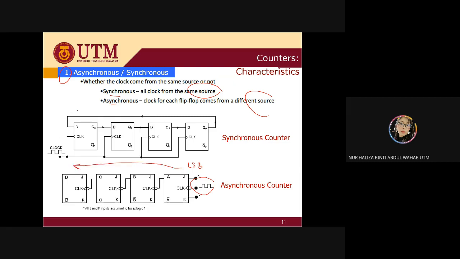But here it is different because your clock is on the left. So this is LSB until your MSB here. Okay, you need to know how to determine your LSB and MSB. If you wrongly put the LSB and MSB, your answer for the output will be incorrect.